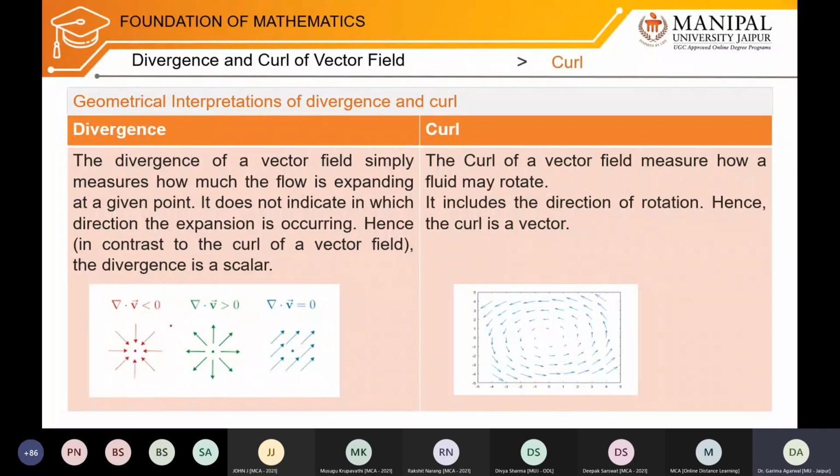If divergence of V is less than 0, it means the field is conservative. If it is greater than 0, that means it is divergent. Now curl of the field measures how the fluid may rotate. This is the geometrical interpretation for curl.